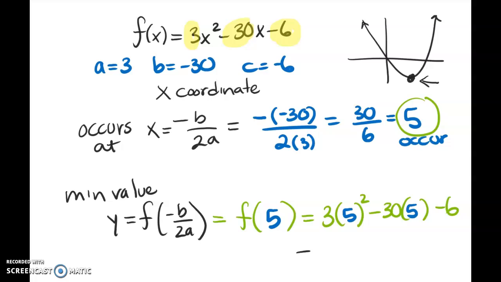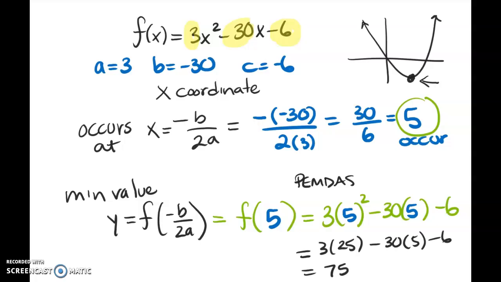Now, doing this calculation, what you could do is just put this in the calculator. Otherwise, we have to remember to follow the order of operations. So the first thing we do is square the 5. We would have 25. And then we would do multiplication. So 3 times 25 is 75. 30 times 5 is 150.